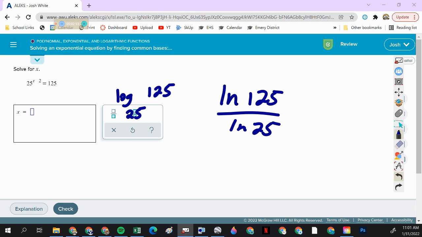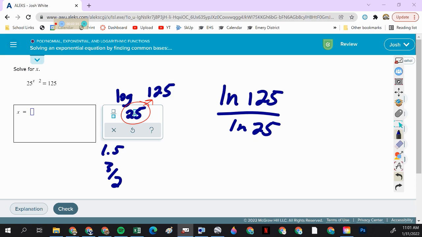So 25 to what exponent is 125? And the answer is 1.5 or 3 halves. So usually you can't do that in your head, but these problems end up usually being a fraction.